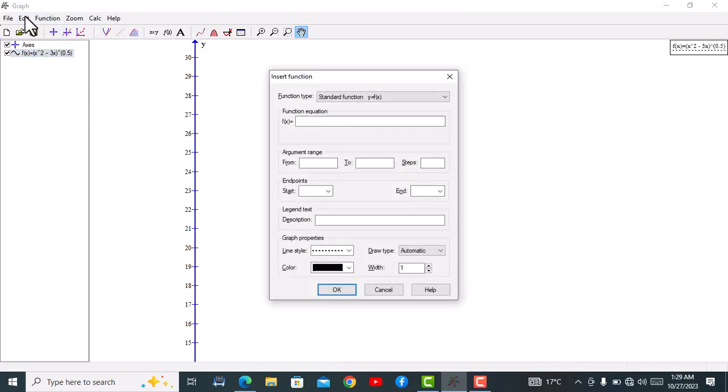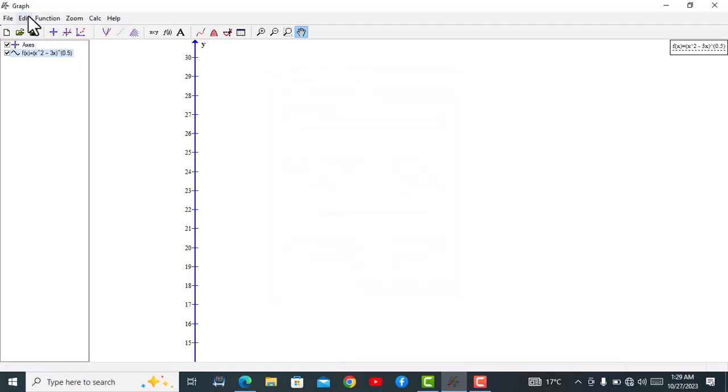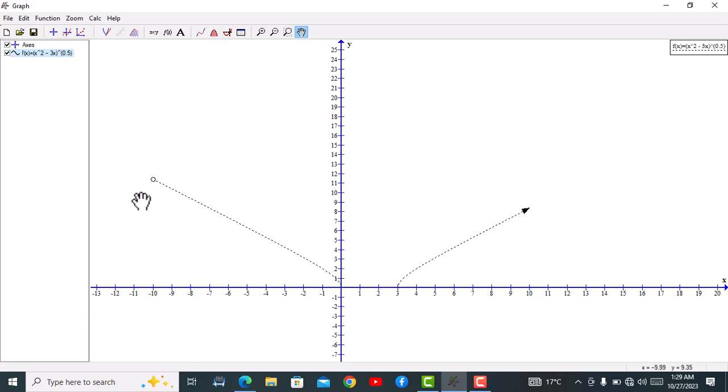Undo. Very good. So we are moving from negative infinity to 0, and it is defined at 0, so we will have that type of bracket. The union of what? The function is defined at 3, so we will have that type of bracket, 3 to positive infinity. That would be the domain.